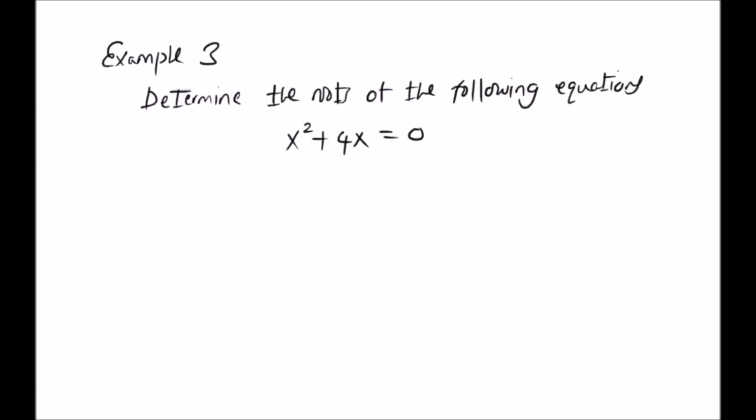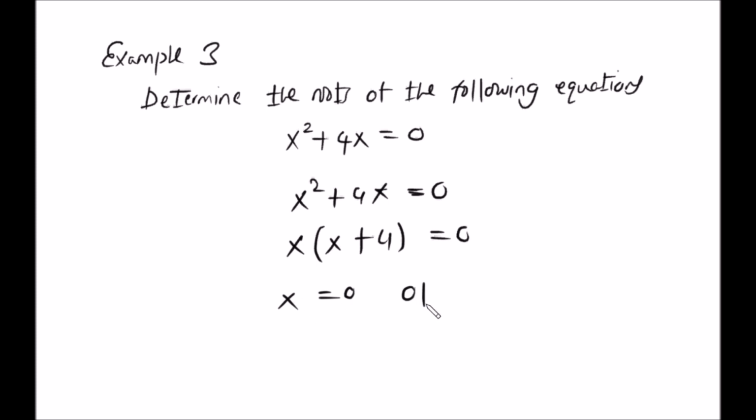Now let's see example 3. It says determine the roots of the following equation. So here we have x squared plus 4x equals 0. So I take out x and remain with x plus 4 equals 0. So x equals 0 or x plus 4 equals 0. So x equals what? Negative 4.